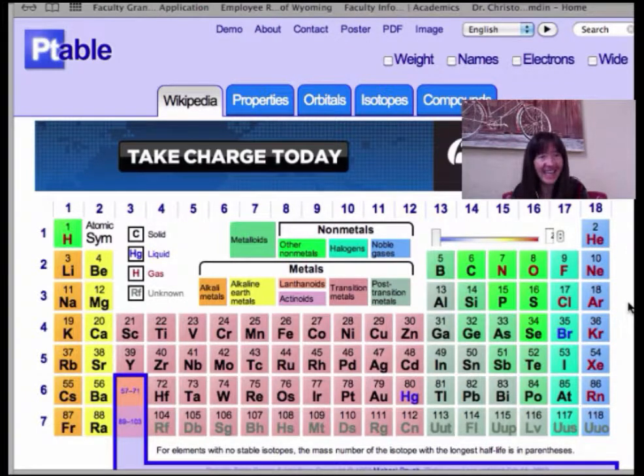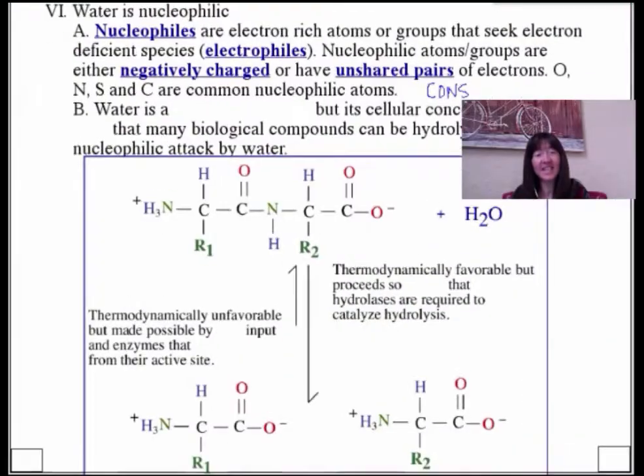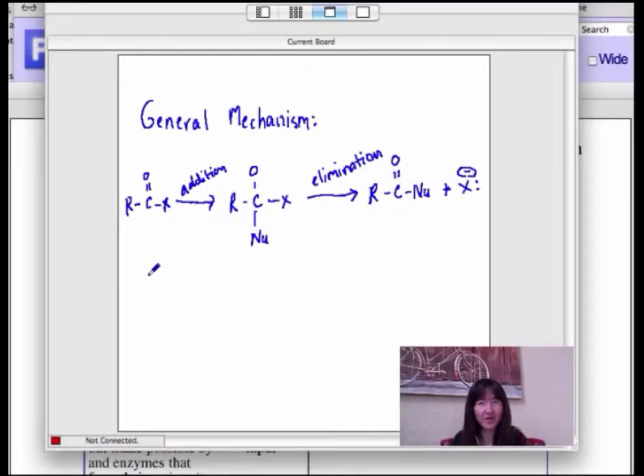are attacking. So let's go ahead and write down the overarching general mechanism of nucleophilic attack. We might think of a nucleophile, maybe this is a sulfide anion. I'm just going to draw it in the general form with a negative charge and say, okay, here's our nucleophile.